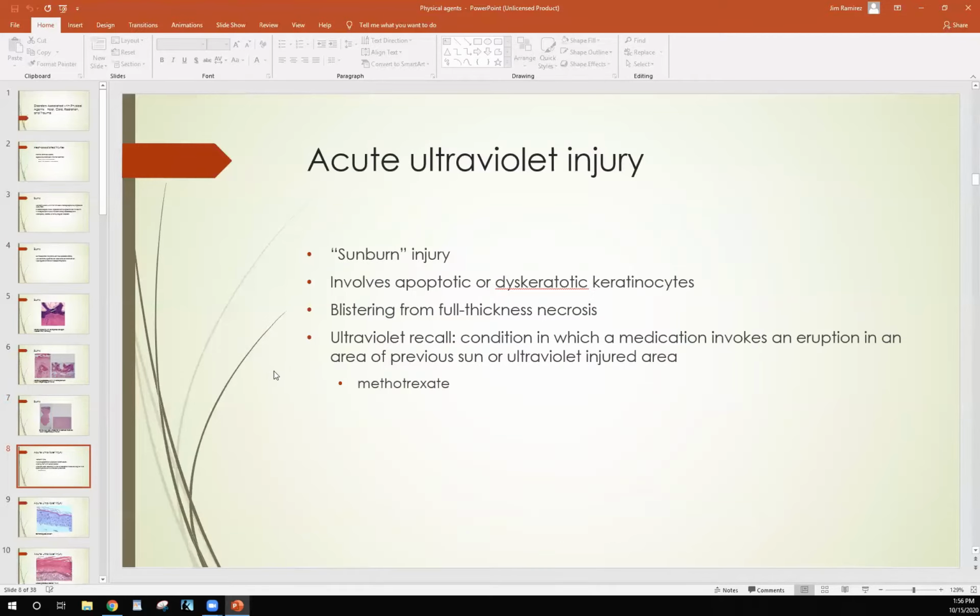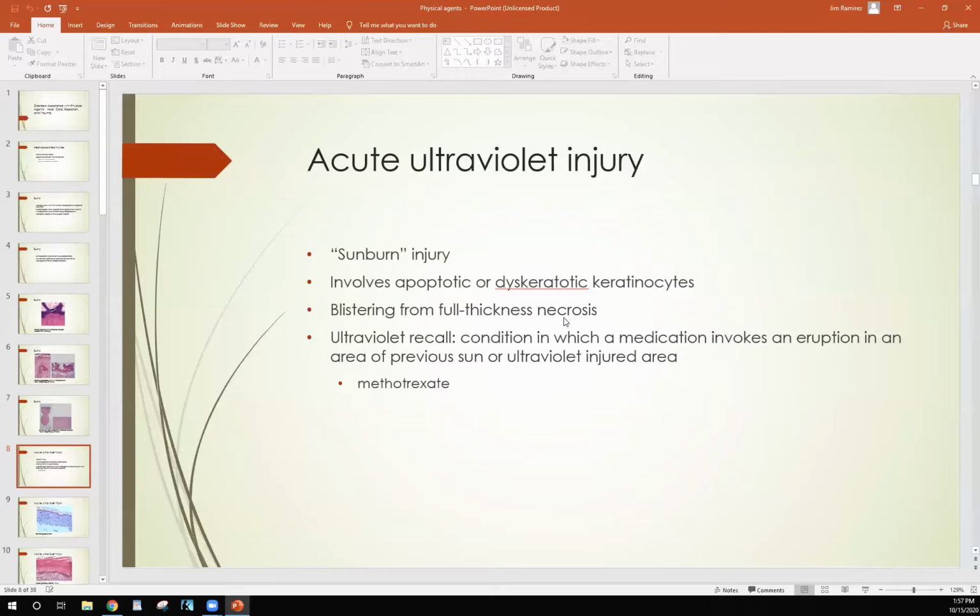So we can move on now to this acute ultraviolet injury, which in its acute form, as we're talking about here, is defined by sunburn cells, which I'll show you examples of in a little bit as well. And these are just apoptotic or dyskeratotic keratinocytes. We often see them incidentally.